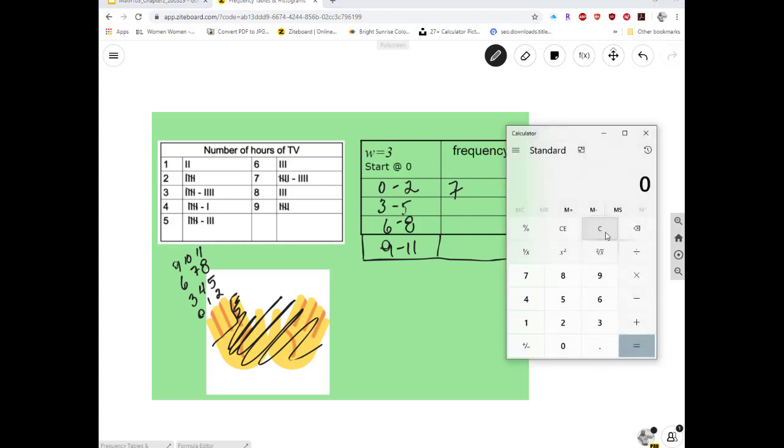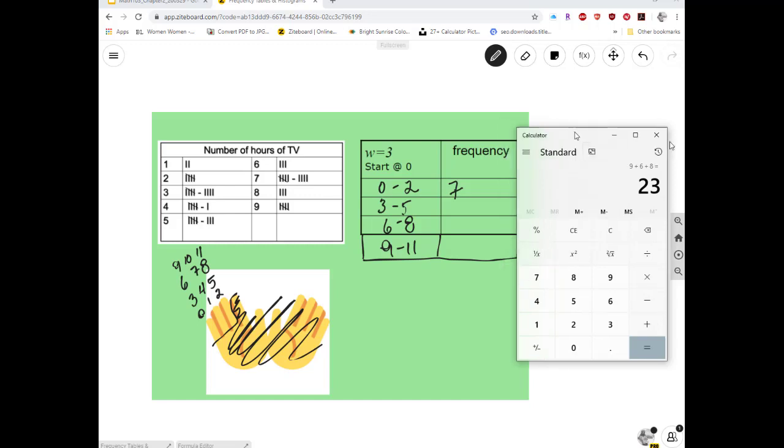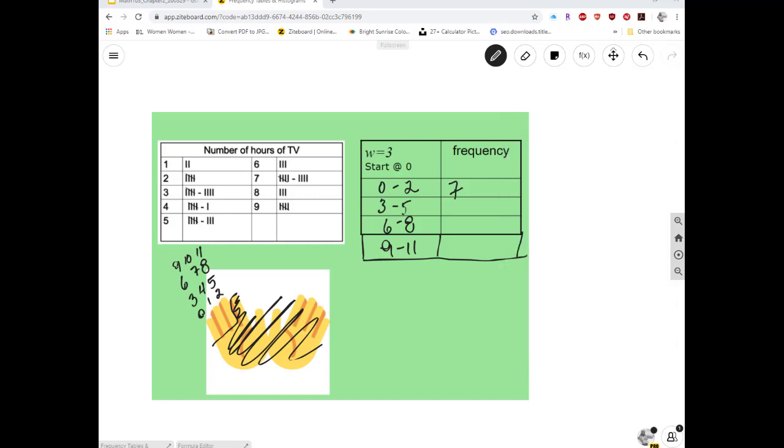Here I'm going to count up everything. The amount of people that watch television 3 to 5 hours. So here are 9 people, 9 plus 6 people, 6 plus 8 people, 8 equals 23 people. So here for frequency, I can put in, scooch this over, 23 people.